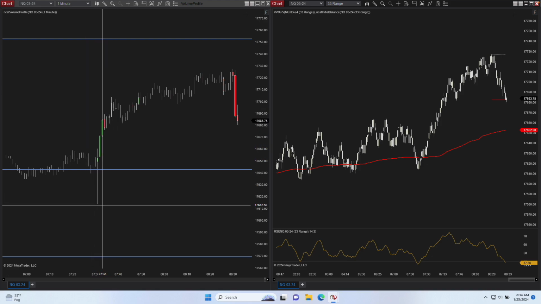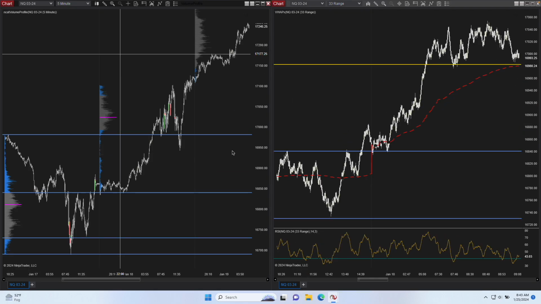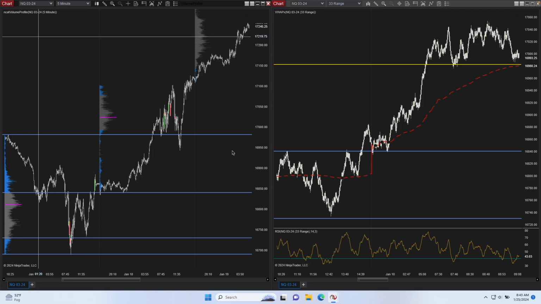And so let's go to another day and look at what it could also be. So here is another setup. This even works with the overnight or Asian or European session. These locations are calculated on 24 hours worth of data.